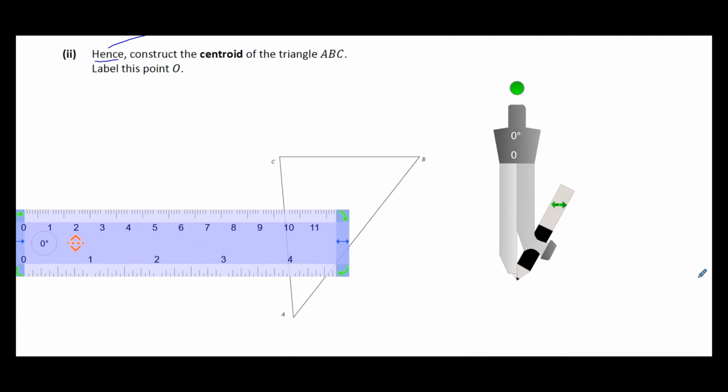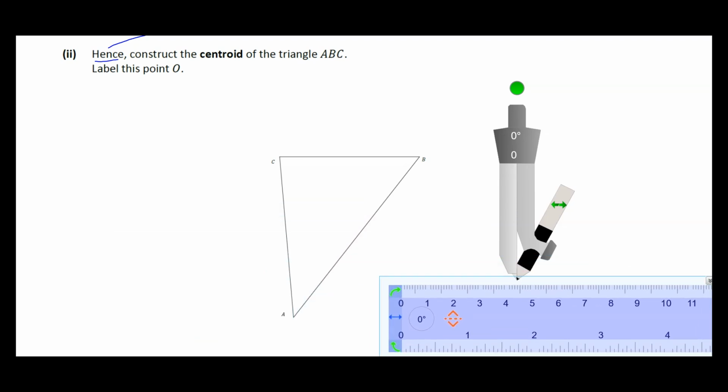So what we mean here, I'll just remove our construction for a moment. What they mean is that if I have a midpoint, I am joining that midpoint with the opposite vertex. And then again, here we have to do the construction, the midpoint of AB.